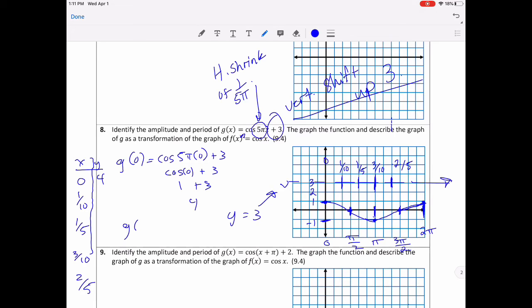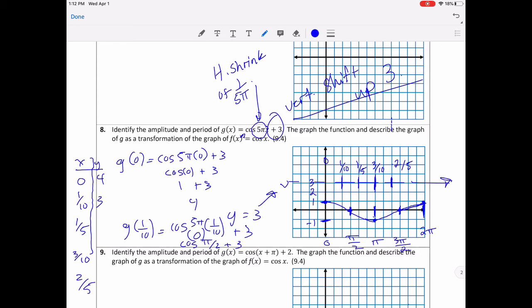All right, g of a 10th. Cosine of 5 pi times a 10th plus 3. Well, 5 pi times a 10th is the cosine of pi over 2 plus 3. All right, what was the cosine of pi over 2? Well, 90, the x value there is 0. 0 plus 3 is 3.